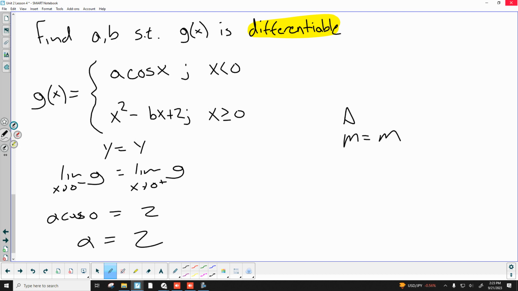Guys, get the m's. You have to get the m's of both pieces at 0. You have to take the derivative of the top piece. You have to take the derivative of the bottom piece and plug in 0.